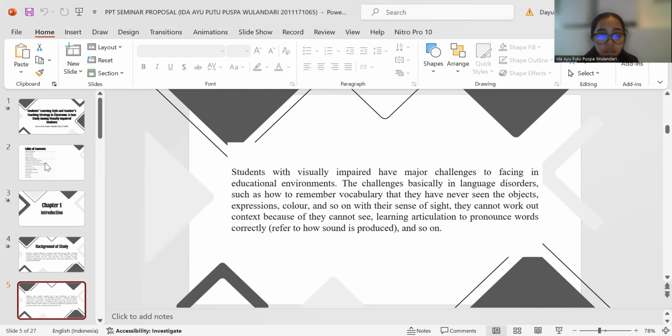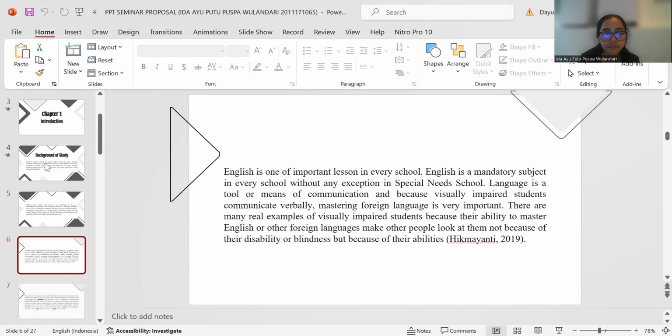They never know about expression, color, and so on related to the sense of sight. They cannot work out the context because they cannot see anything. And learning articulation, to pronounce words correctly, they never know how the sound is produced and so on.